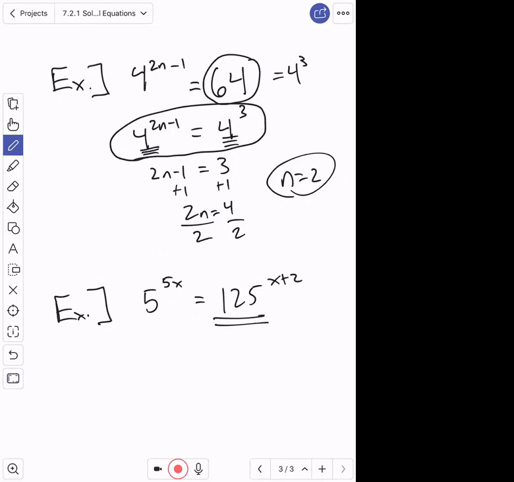Just as a guide, you should end up with x equals 3. If we're not getting to that point, then we've made an error somewhere, okay?